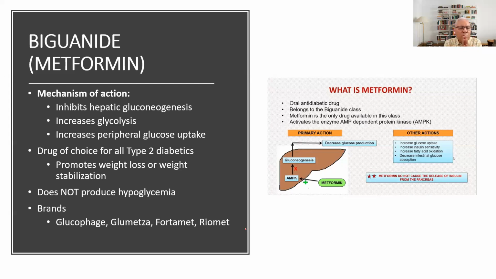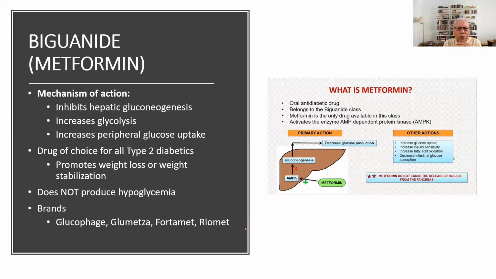And this first drug is biguanide, also known as metformin. So metformin is the first-line oral drug of choice in the management of type 2 diabetes across all age groups. So if you have diabetes type 2, it's most likely that the first drug that will be given to you would be metformin.